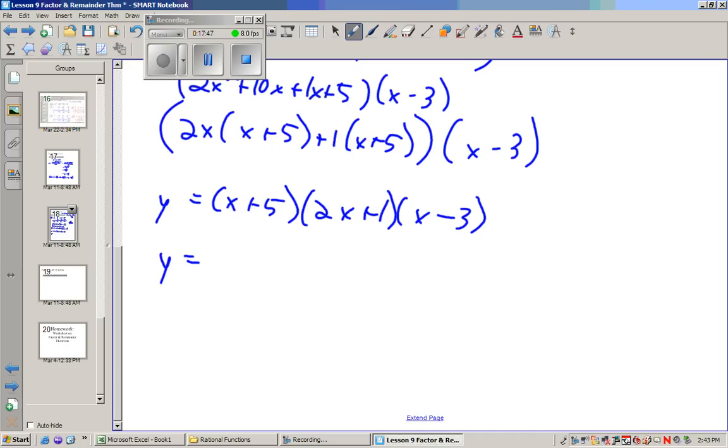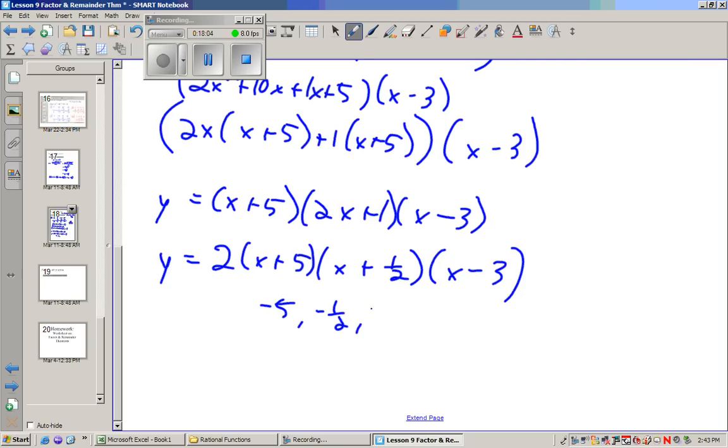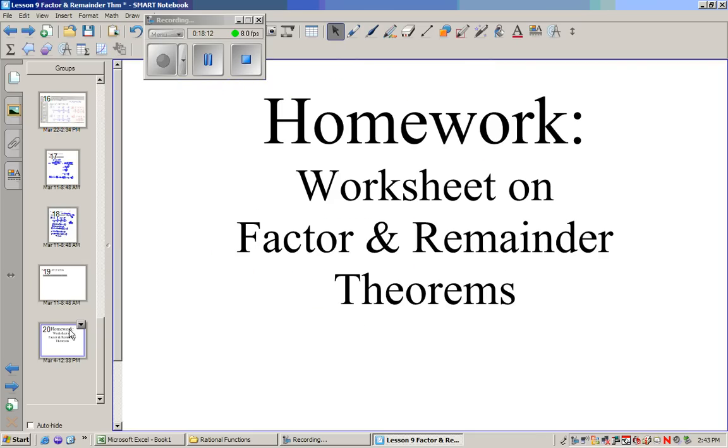Or if we want to put it in intercept form, we could take out that 2. And it could look like that. That way you can see all of your zeros, -5, -1/2, and 3. And you can see its vertical stretch. All right, that should get you through the homework. Good luck.